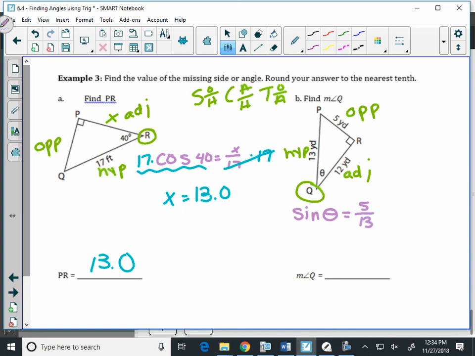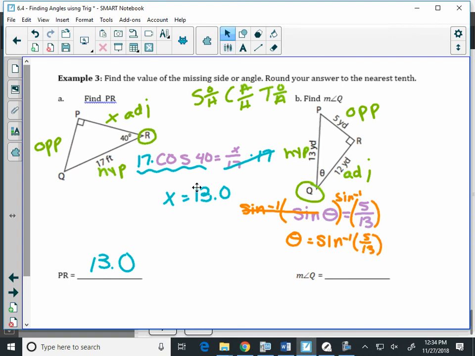If the angle's missing, what are we going to use? We'll take the inverse on both sides. Cancel. So we're left with theta is equal to, and that's what you're going to type in your calculator.